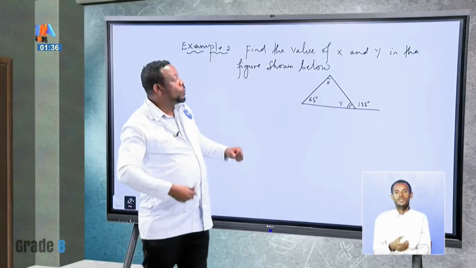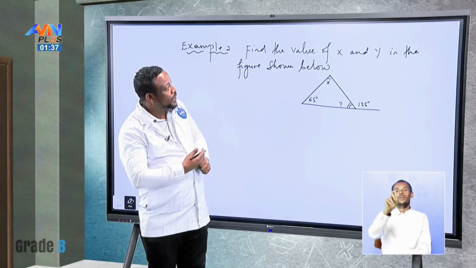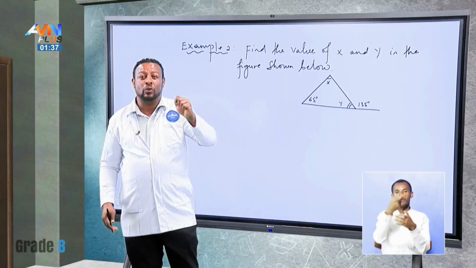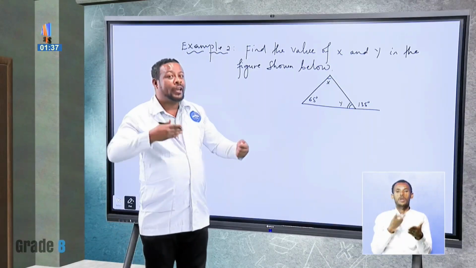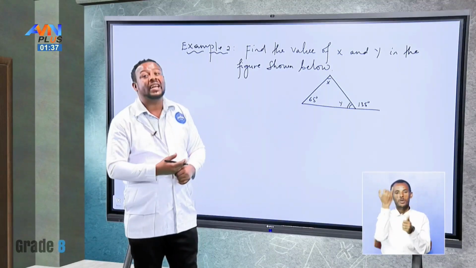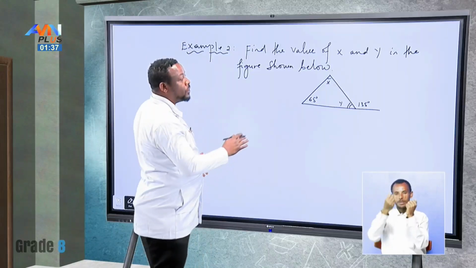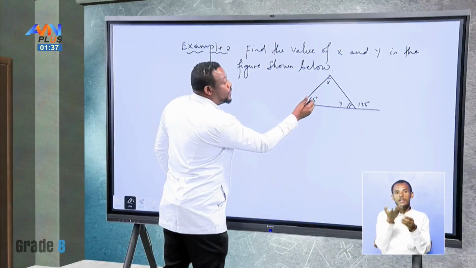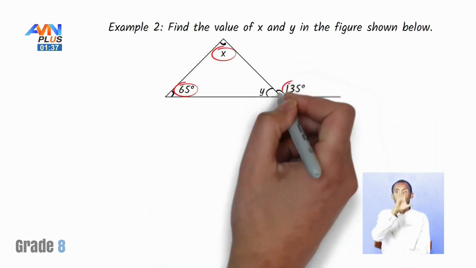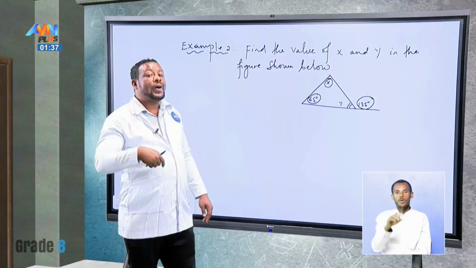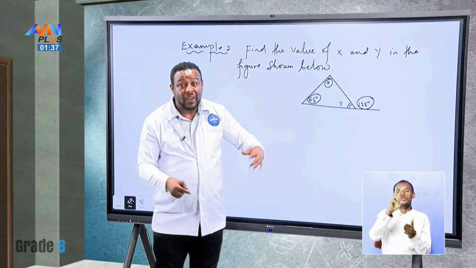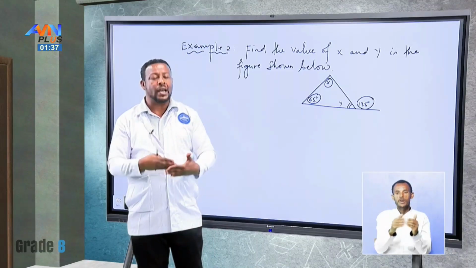Good. I hope you tried the solution. To find the value of x and y here, we need to apply theorem 5.2, which is the concept of exterior angles. Based on the concept of exterior angles, the sum of these 65 and x must be 135 degrees. 135 degrees is the exterior angle, and these two, 65 and x, are remote interior angles.